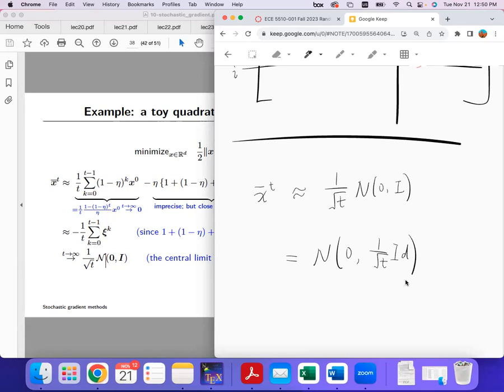I think this should be 1 over t maybe, because this is sigma square.